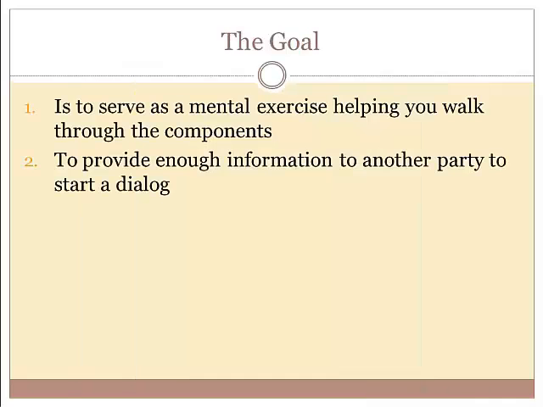The goal of this plan is twofold. Number one, to serve as a mental exercise, helping walk through all the different components and show that you've thought about the plan, you've thought about the market, you've thought about the financials, you've thought about all those different elements. The second thing is to provide enough information to another party to start a dialogue, to say, let's have a meeting, I'm interested in this, I want to know more.